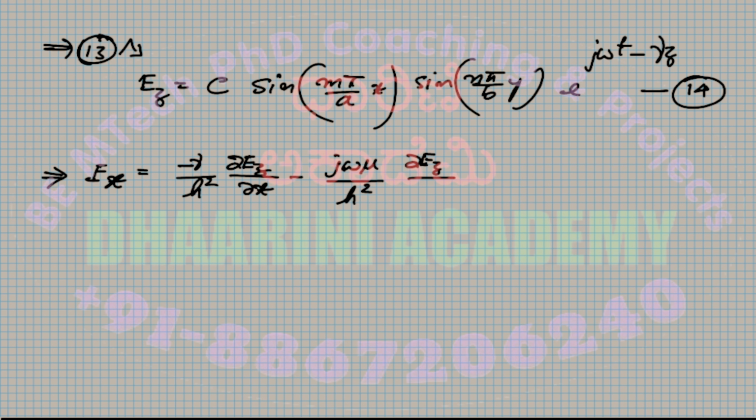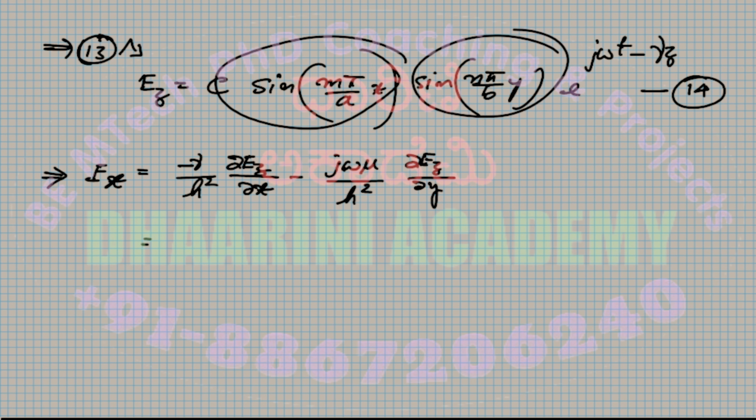This is the equation. So we directly substitute. If you see in the above equation, we have sine of something into x, sine of something into y. So both derivations we can do.